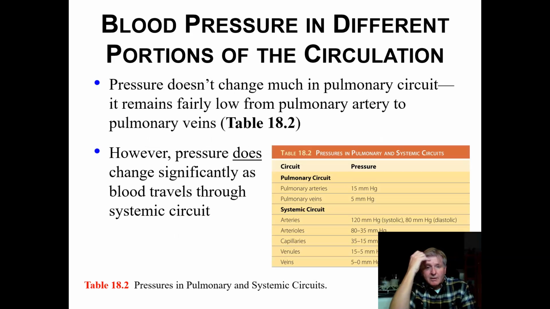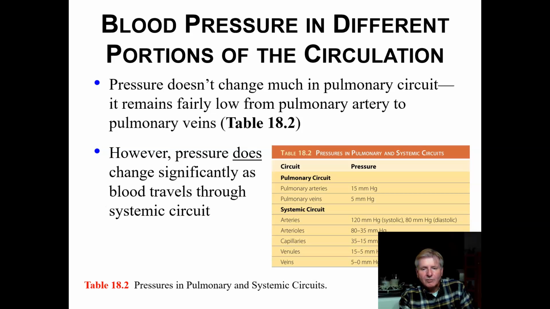Your pressure doesn't change much in your pulmonary circuit. It remains fairly low from the pulmonary artery all the way to the pulmonary veins. But as you can see from the chart, the pressure does change significantly as your blood travels through your systemic circuit. It goes from the major arteries, muscular arteries, from 120 over 80, average about 95, down to about 80 in the arterioles, to about 35 where the arterioles meet the capillary beds.